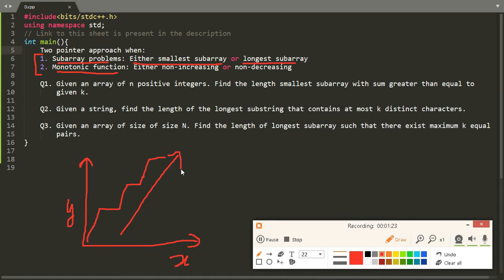So a certain category of functions which are either non-increasing or non-decreasing are known as monotonic functions.